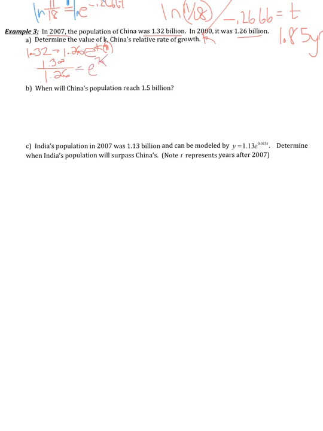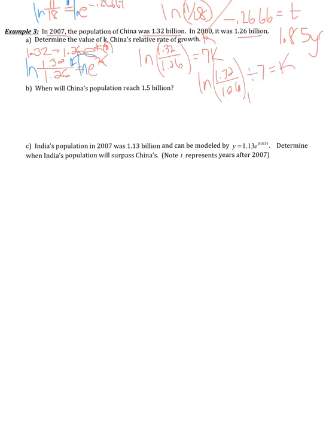We're going to take the natural log of both sides because we can't get those to be the same base, which brings this 7k out in front. So we'll get the natural log of 1.32 over 1.26 equals 7k. And you know already we're going to divide by 7. So the natural log of 1.32 divided by 1.26, and then that divided by 7 equals k.